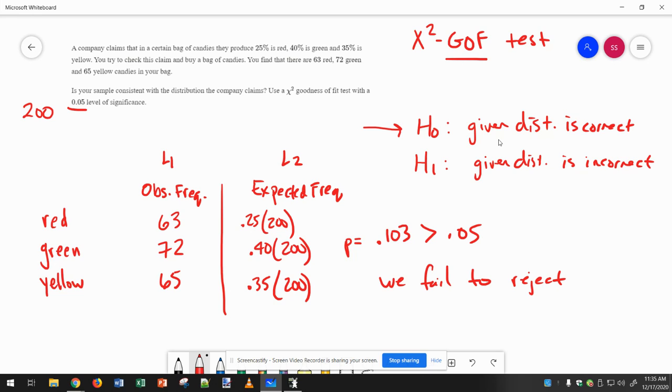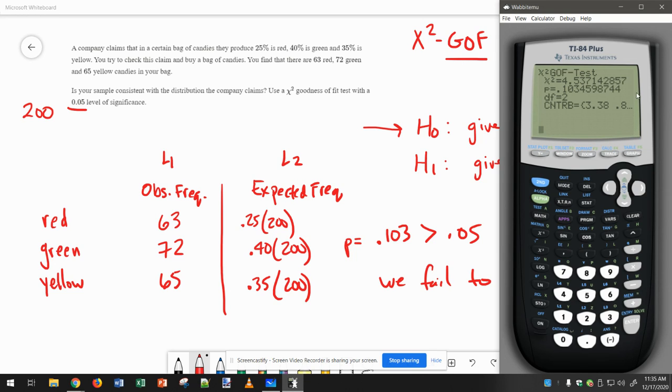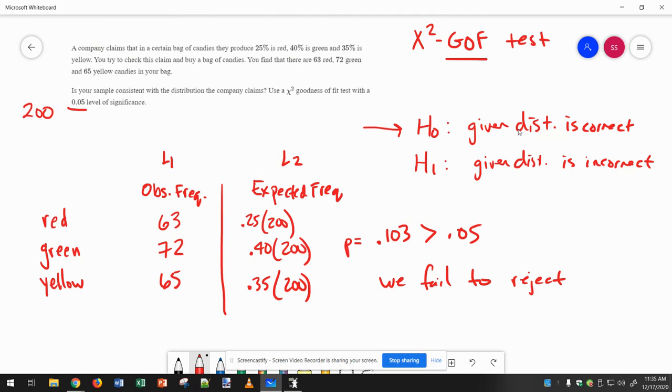If the p-value would have been less than 0.05, one thing we might want to watch out for is if there's scientific notation, like if it says e to the minus something, that would mean our p-value actually was smaller than 0.05. And then we would reject the null and say these frequencies are significantly different from each other.